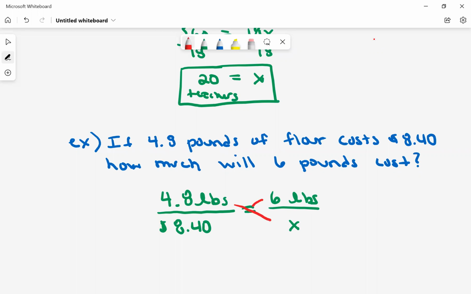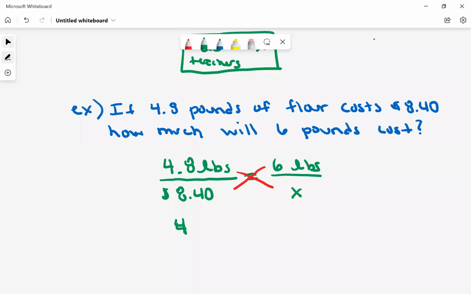Now I'm going to drop the units while I do this cross multiplication, but my answer X is going to be dollars. So 4.8 times the X is just going to be 4.8X equals 8.4 times 6. Actually, let me calculate that really quick. 8.4 times 6 is 50.4.